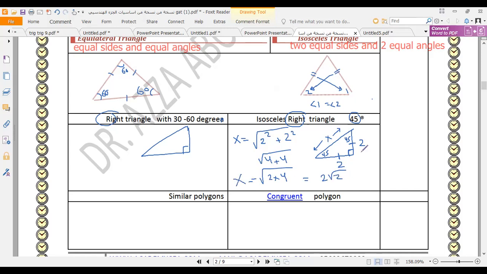I want you to apply the same steps on this triangle. If you have here 3 and here 3, find the value of y. Please apply the same steps and tell me what is the value of y. I'm waiting.